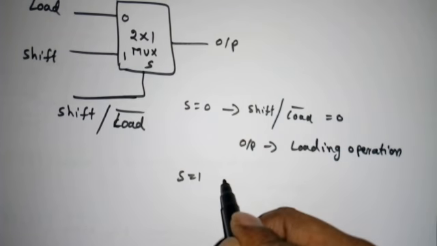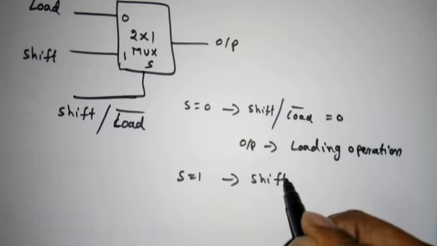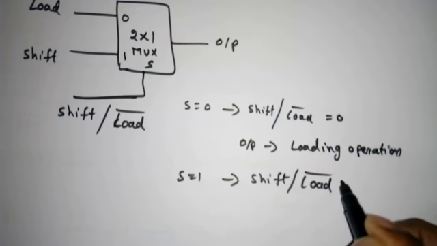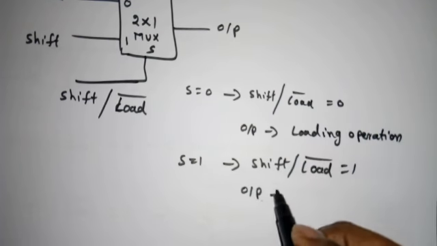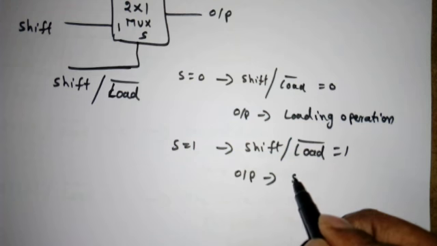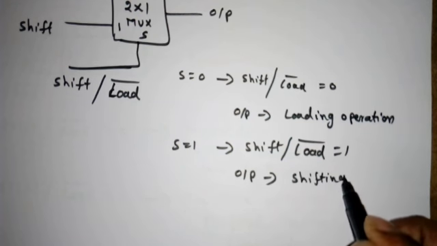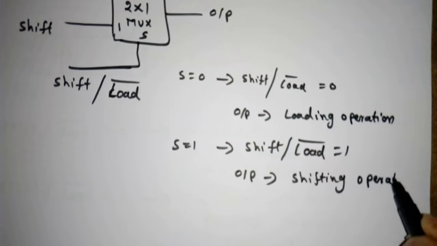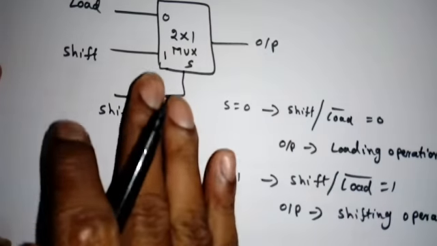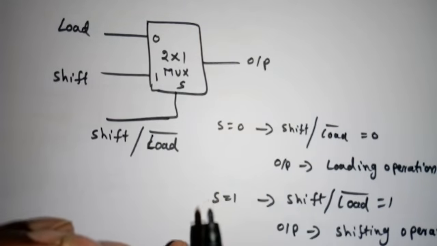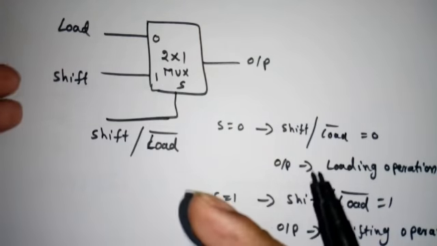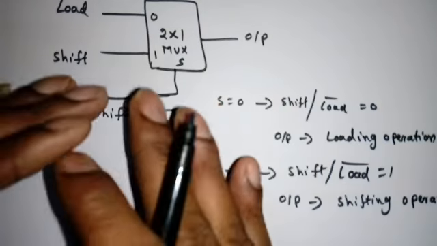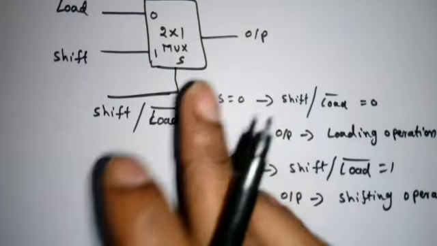Then when S is equal to 1, select line is equal to 1, or shift or load bar is equal to 1, the circuit will perform the shifting operation, right? So we have to use this external circuit, that is a combinational circuit or combinational gates, to perform these two operations one at a time.